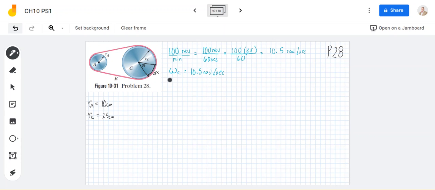The distance it travels is equal to the change in the angle times the radius.